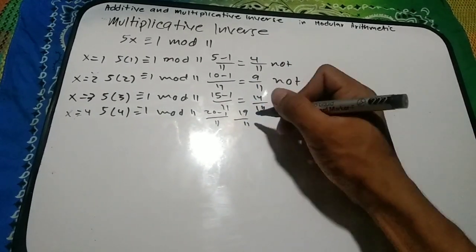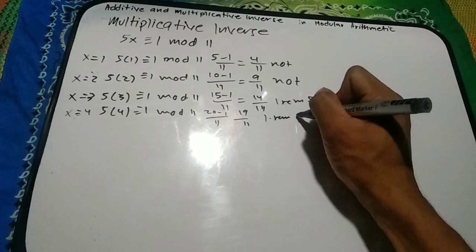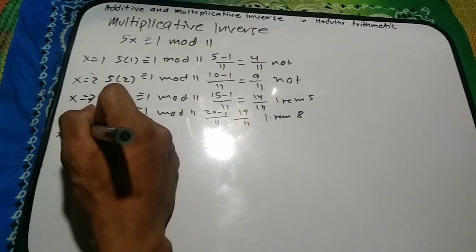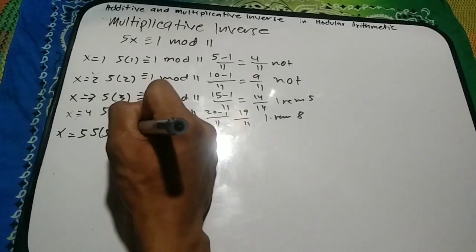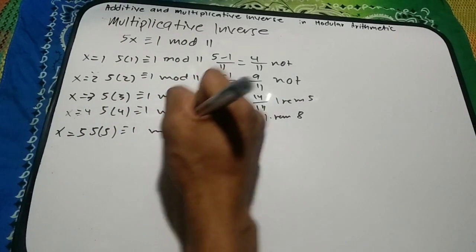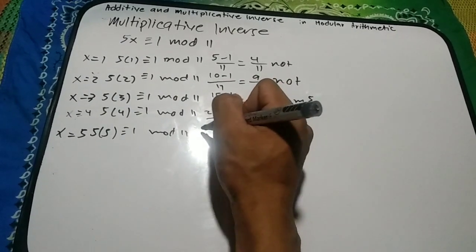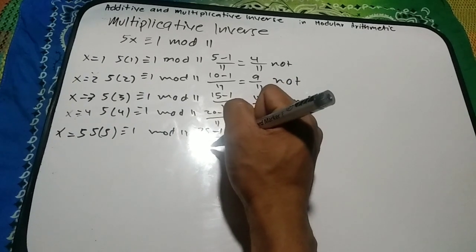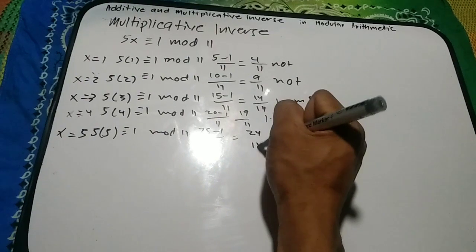If you divide 19 by 11, the answer is 1 and the remainder is 8. If x is equal to 5, 5 times 5 is 25, minus 1 over 11 is 24 over 11.